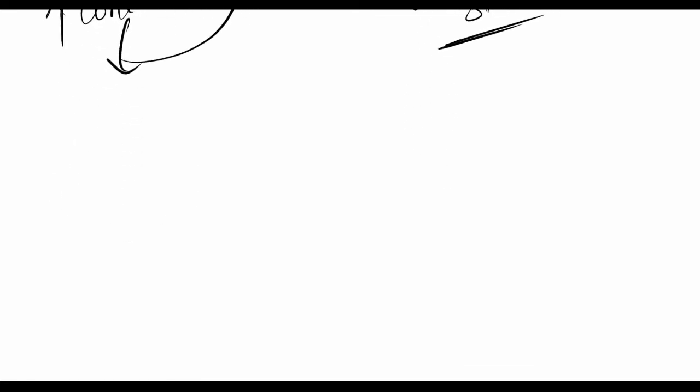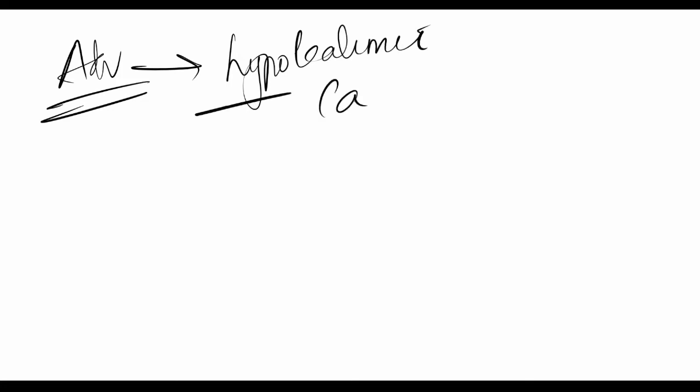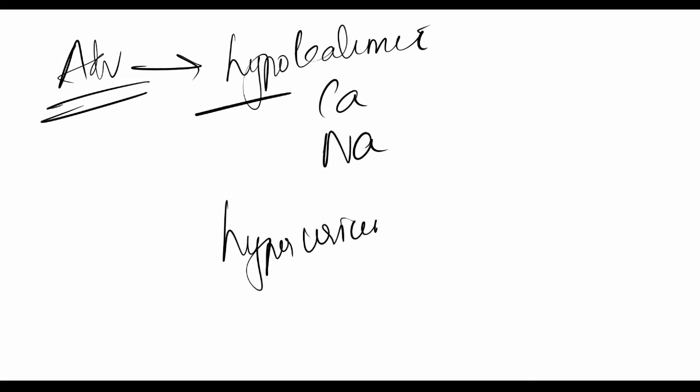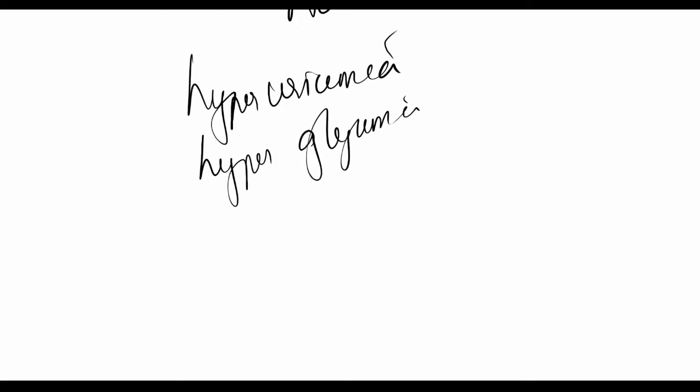So the main topic which is left would be adverse effects. So adverse effects, as I earlier said, hypokalemia, hypocalcemia, hyponatremia, and you're going to see hyperuricemia, hyperglycemia, and hyperlipidemia.